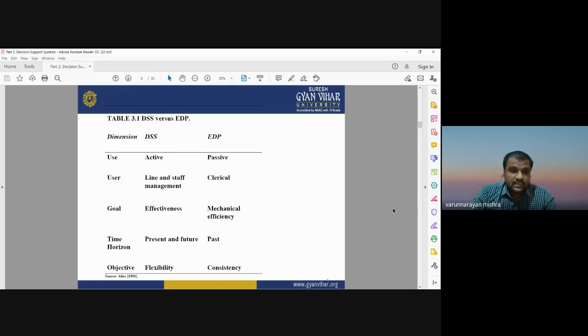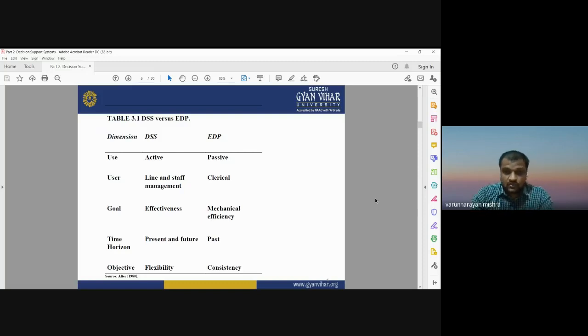DSS is very effective, but in EDP there is a requirement of some mechanical efficiency, and DSS works for the present and future scenario, and EDP works for the past time. And the objective of DSS should be flexible, whereas EDP, that is a traditional support system, is a kind of consistency. So this table is showing the comparison between decision support system and EDP.